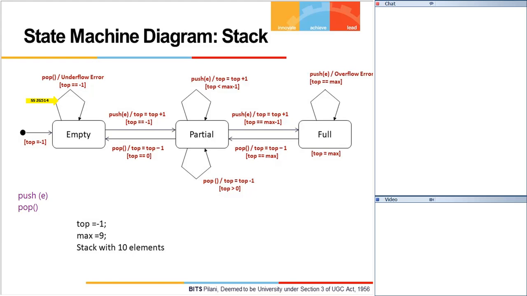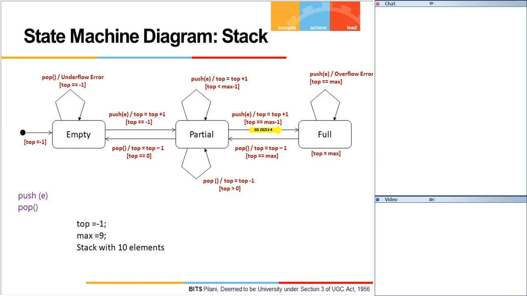Again, in this partial state, two kinds of transitions can occur, push and pop, right? Now if a push occurs, and my top is equal to max -1, that is, I'm only short of one element to reach a full state, in that case, I will increment top and transit my system from partial to full state, right?